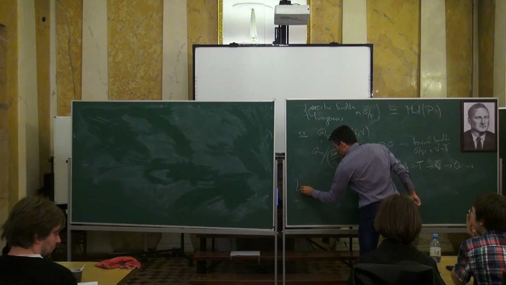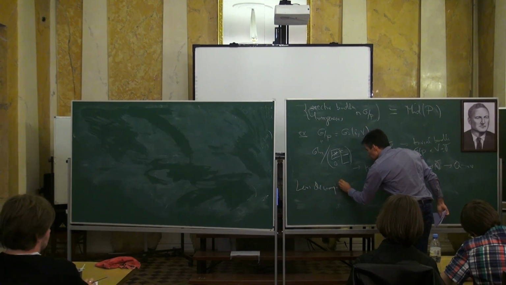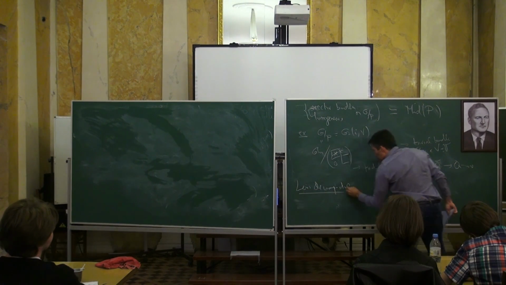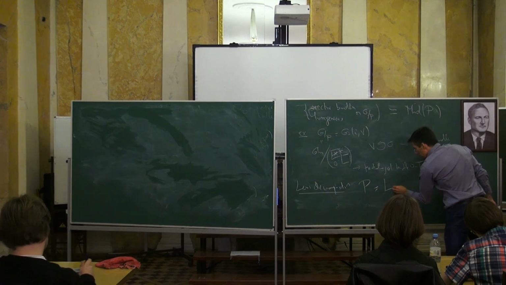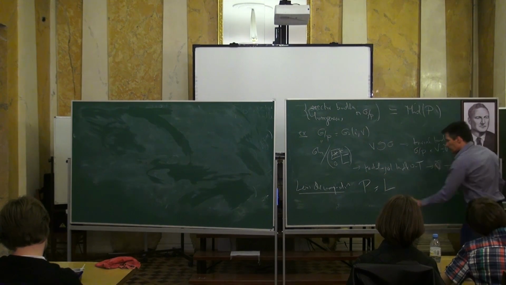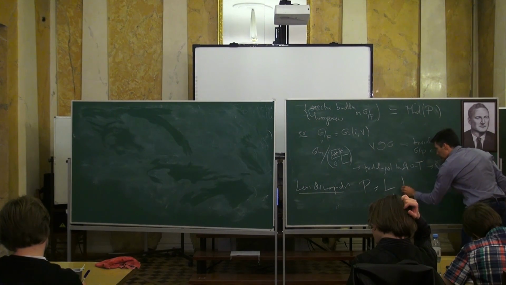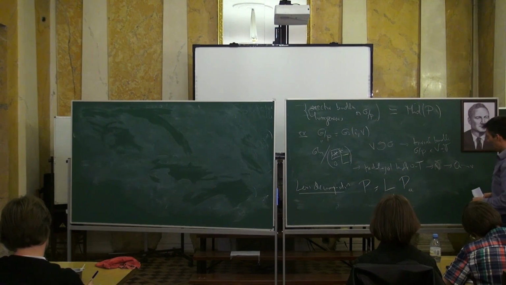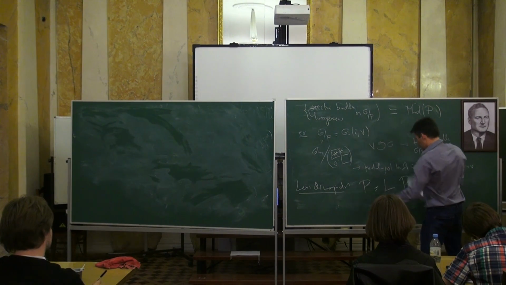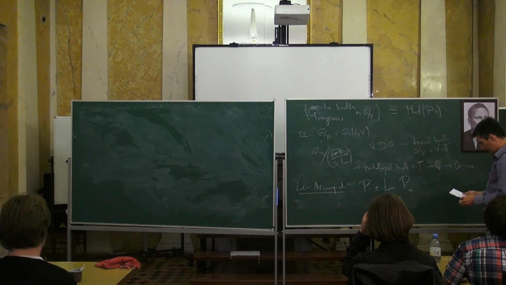So remember the Levi decomposition, which was that P could be decomposed into L, which was a reductive group, and the unipotent part. I use slightly different notations. I don't have the I that I had at the beginning, but it doesn't matter.